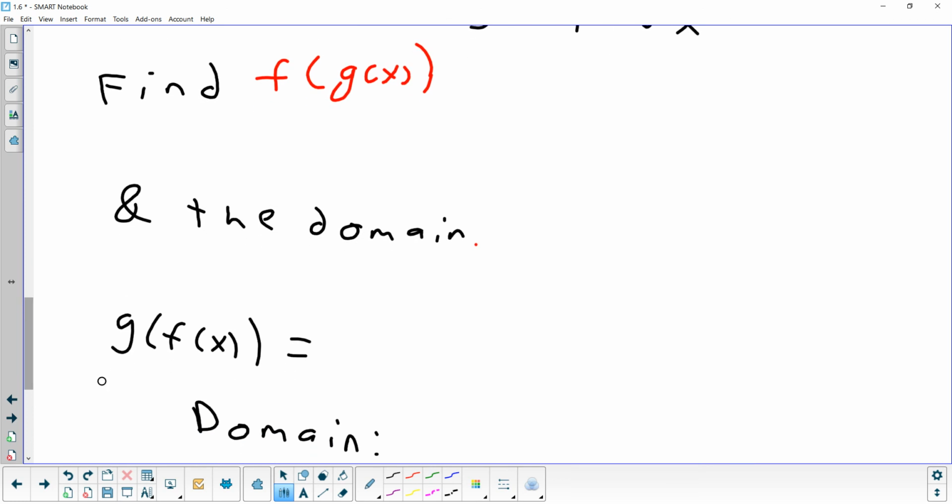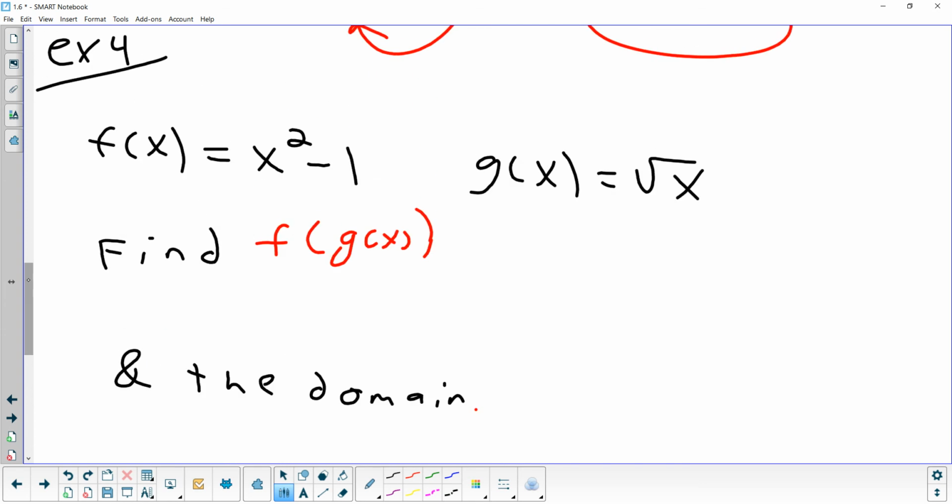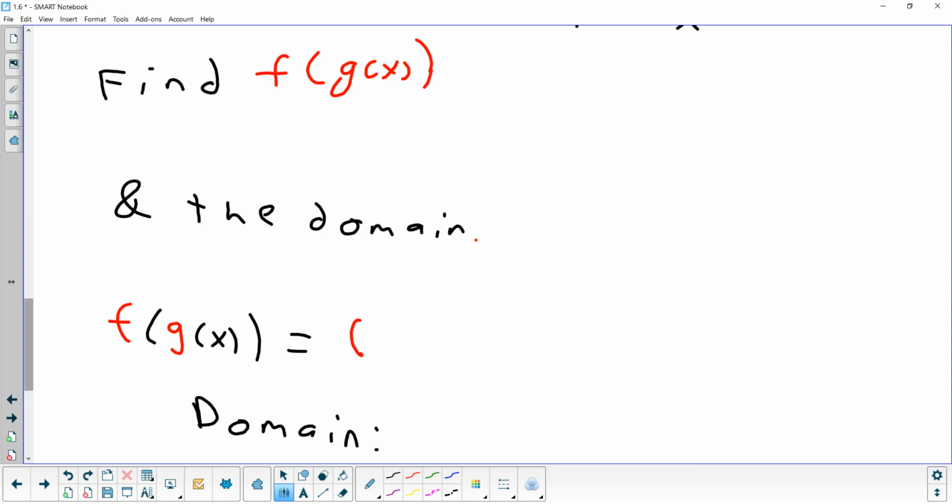Alright, so this is going to be f of g of x. Alright, Casey, what is g of x? Square root of x. Yes. So f of square root of x.